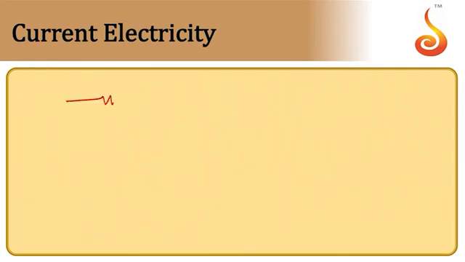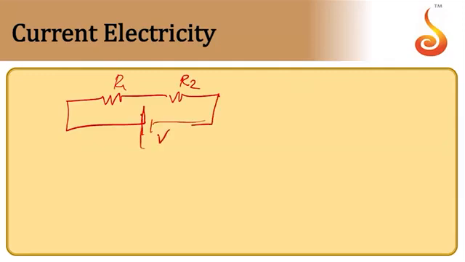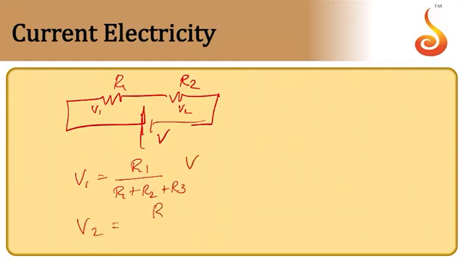For example, you have two resistors R1 and R2, and imagine that this is the voltage source. If V1 is the voltage across this and V2 is the voltage across this, then V1 = R1/(R1 + R2 + R3 etc.) × V, and V2 = R2/(R1 + R2, we have only R2 here) × V. So remember the usage of this simple equation.